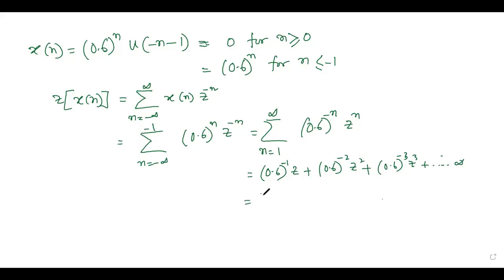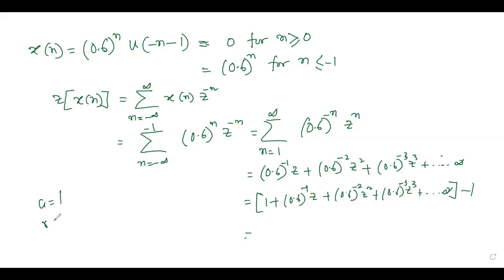So adding 1 here, 1 plus 0.6 inverse z plus 0.6 minus 2 z square plus 0.6 minus 3 z cube up to infinity, minus 1. Now we have the first term a is 1 and the common ratio is 0.6 inverse z.